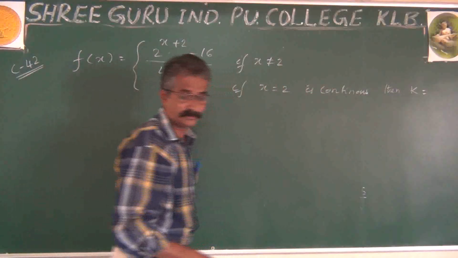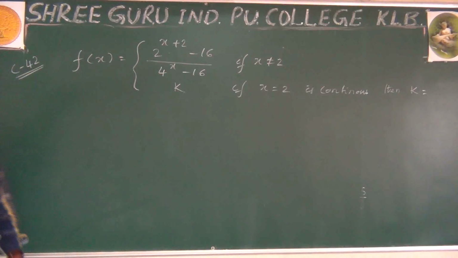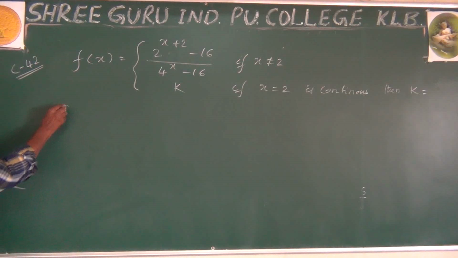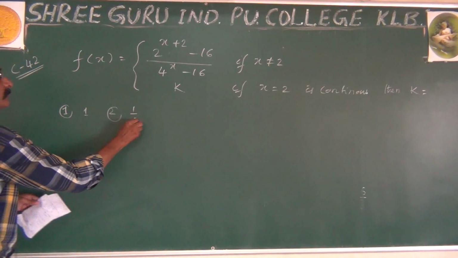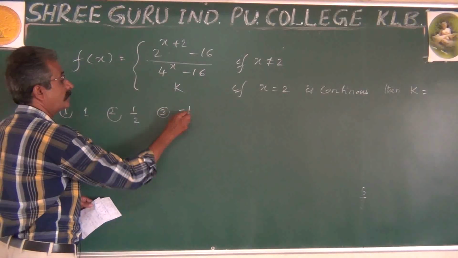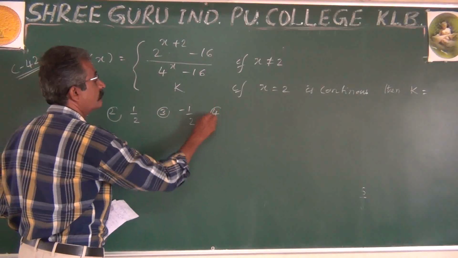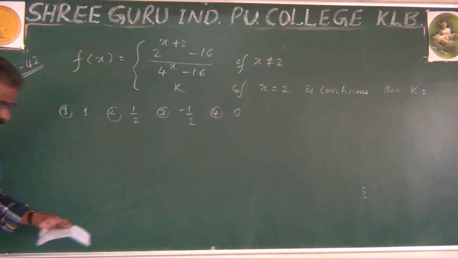We have to get it. In fact, we are given 4 options. First option 1, second option 1 by 2, third option minus 1 by 2, fourth option will be 0.